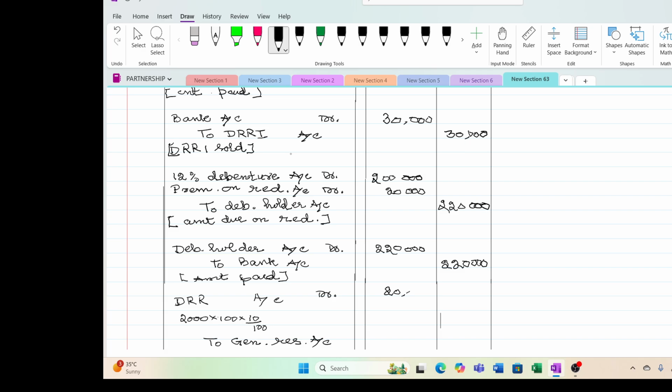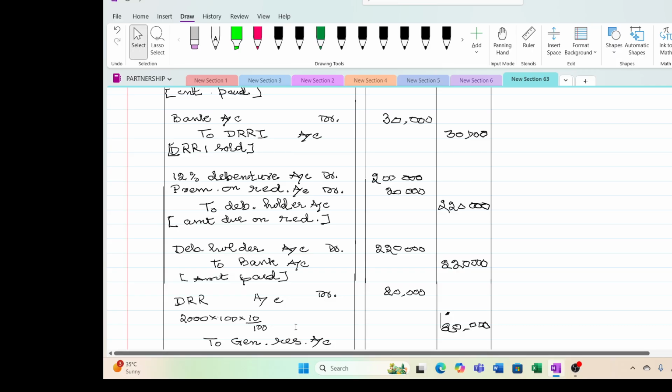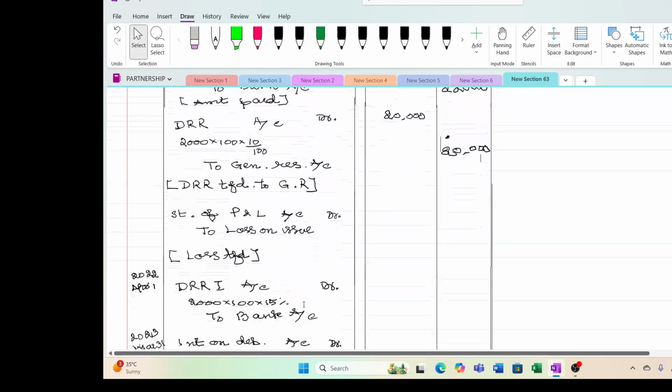We have created debenture redemption reserve for 60,000. Only 20,000 we are going to transfer to general reserve account. The balance 40,000 will be available in the debenture redemption reserve in the coming years. Next year we will again transfer 20,000, and in the last year again we will be transferring it.